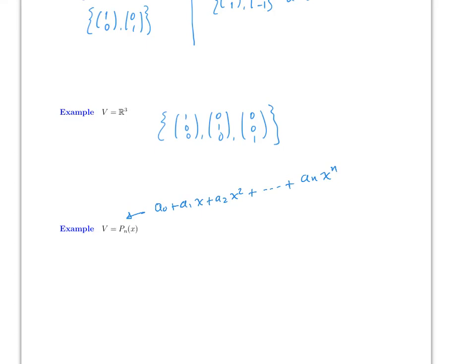Remember from the previous page, the dimension of this was equal to n plus 1, so it's important to remember that. And the standard basis here, which again is the most simplistic basis, is the following: 1, x, x squared, so pretty much just the powers of x up to x to the n.